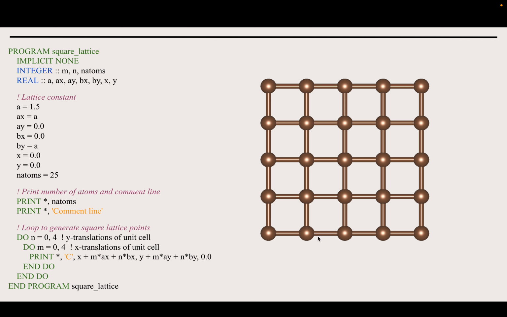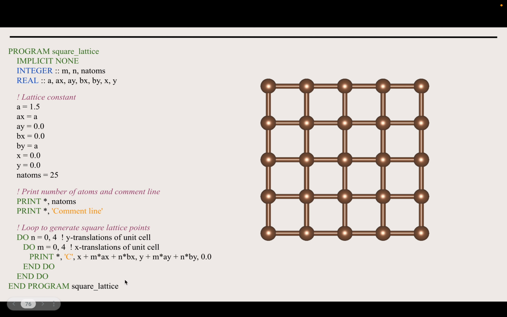Similarly, the y component will go like y plus m into ay plus n into by. And here, as it is a square lattice, our z coordinate will be 0. So that's why we have maintained this value as 0. And here we are ending our do loop and ending our program.